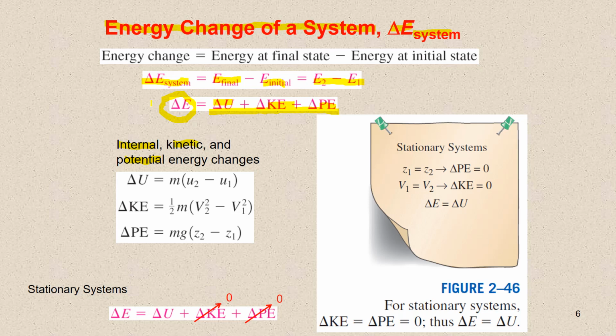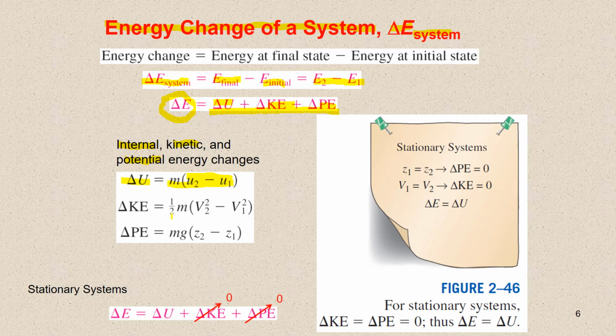And here you can see that delta capital U, which is the change in total internal energy, equals mass times the change in the internal energies per unit mass values of state 2 minus state 1.